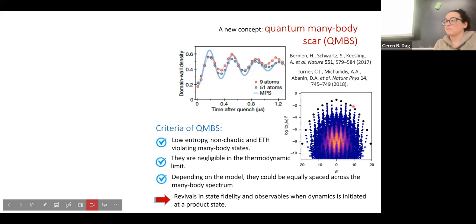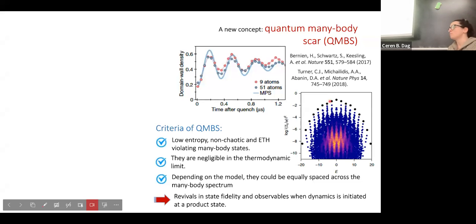Here, ETH is the Eigenstate Thermalization Hypothesis. These states are negligible in the thermodynamic limit, meaning their numbers increase polynomially while the Hilbert space dimension increases exponentially. Depending on the model, for example this PXP model that explains the Rydberg atom array results, they could be equally spaced across the many-body spectrum, like the ones you're seeing here.